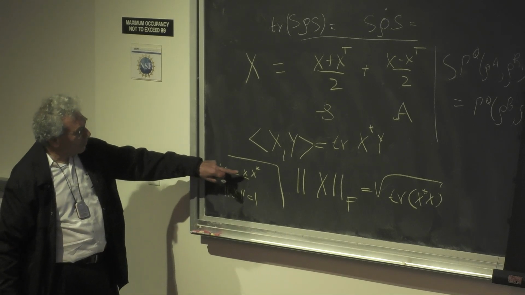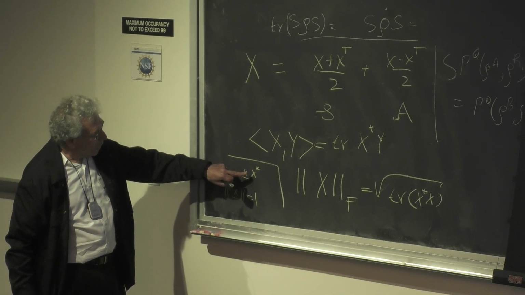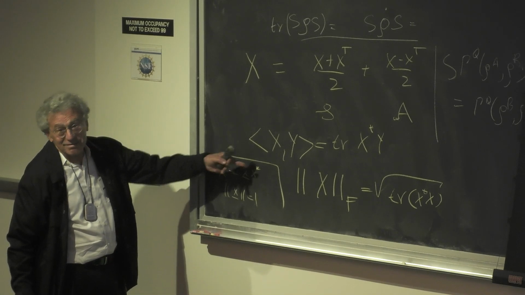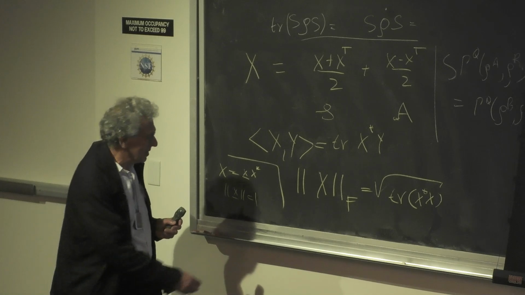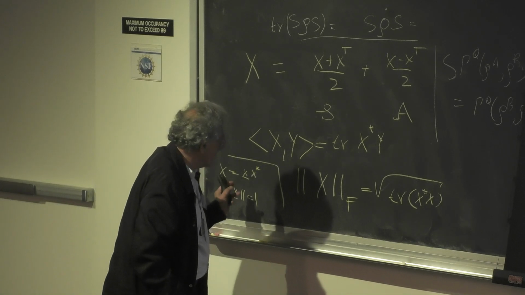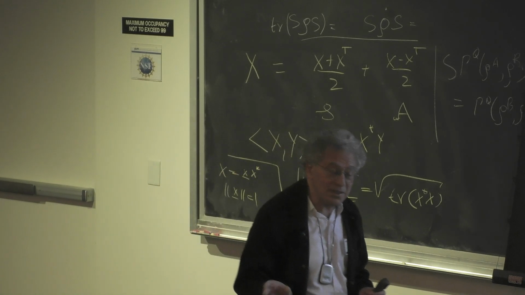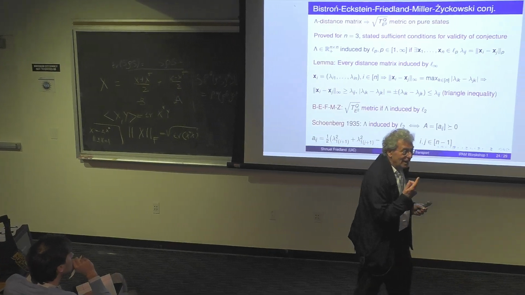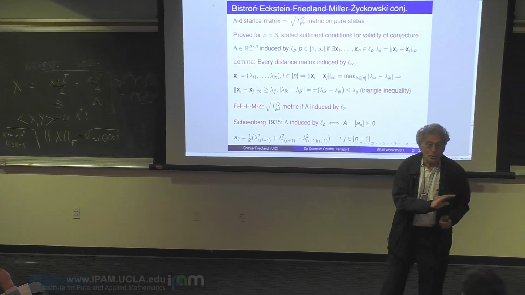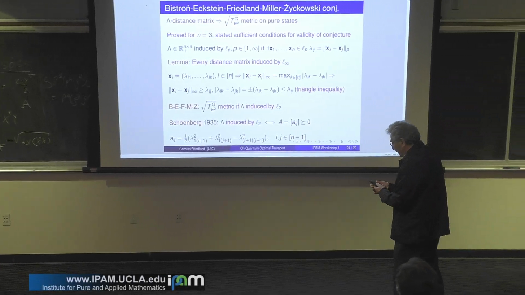And if you multiply X by a phase, it will be the same one. So that's a pure state. In other words, it's a density matrix which has only one eigenvalue 1, and the others zero.